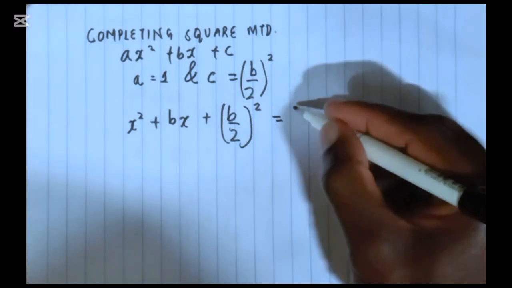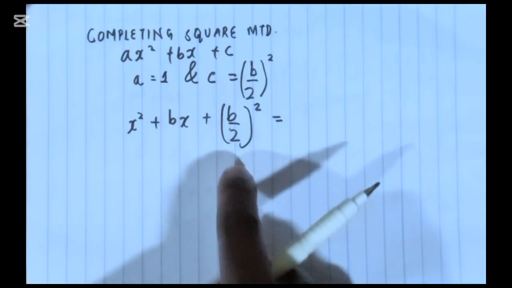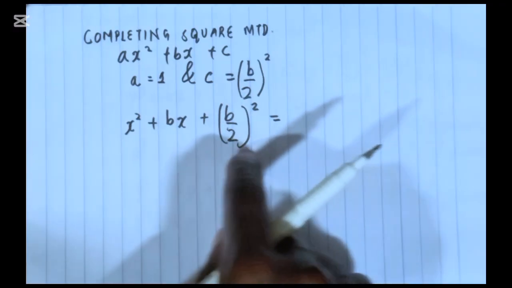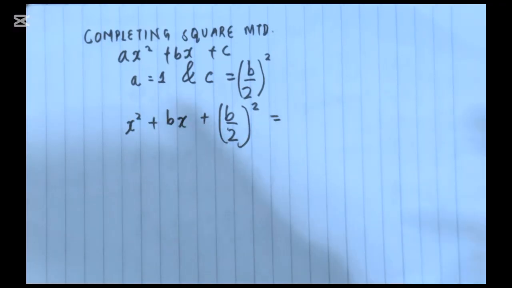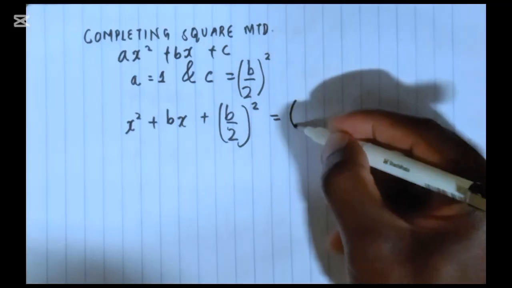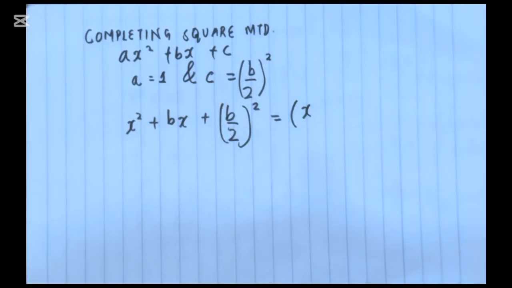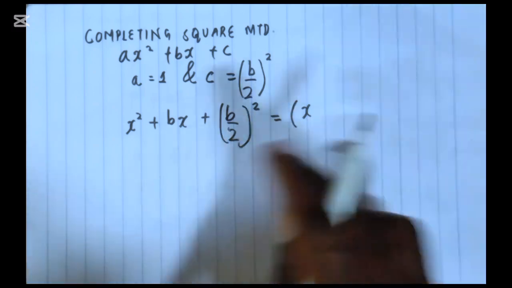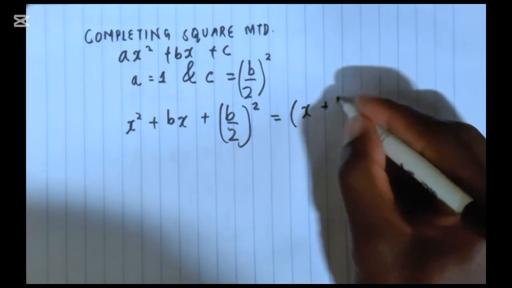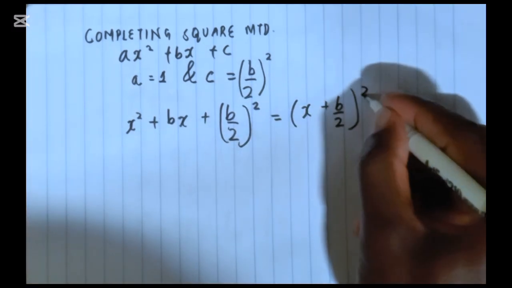But before we find the square root, maybe we want to write this particular expression in a factorized form. So when you write this in a factorized form, we are going to write it in terms of x and the value of b there. So it's going to be x plus b all over 2 squared.